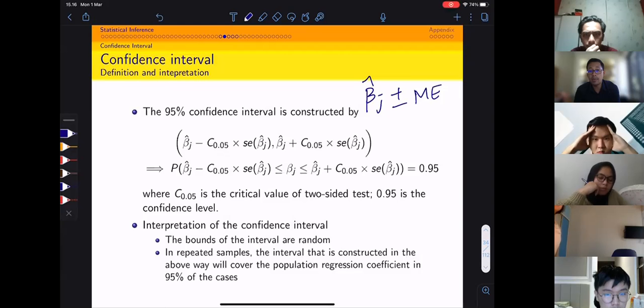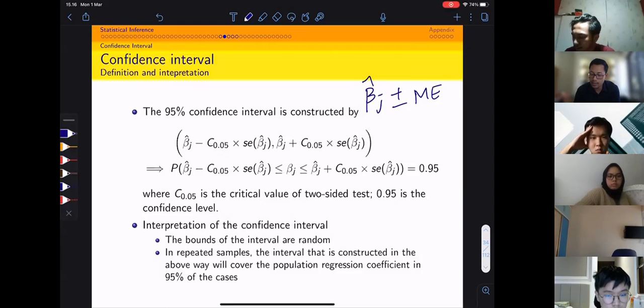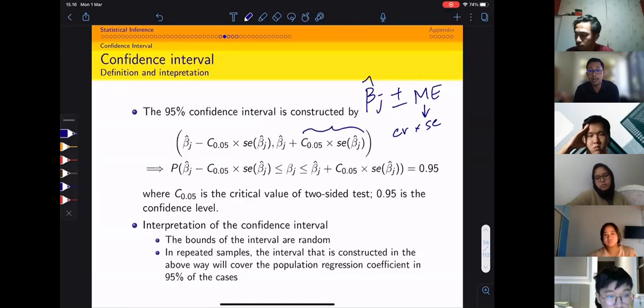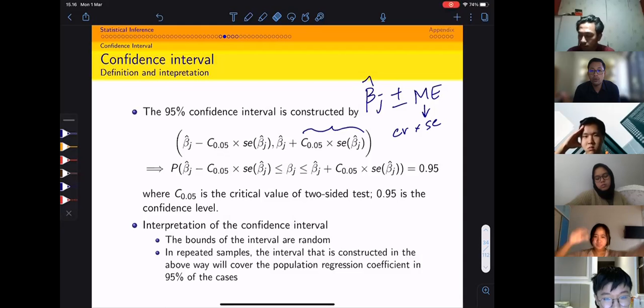So how big is the margin of error? The size of the margin of error is the critical value multiplied by the standard error of the estimate. So what's the interpretation of the confidence interval?